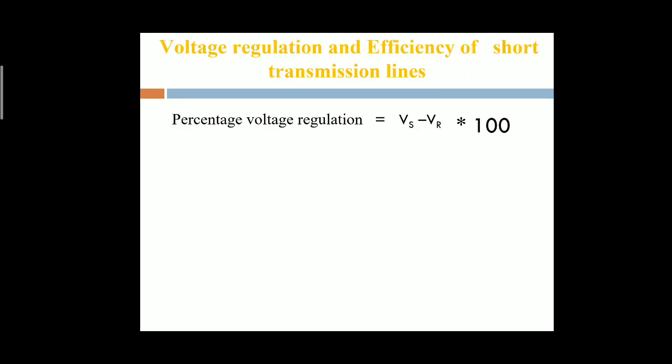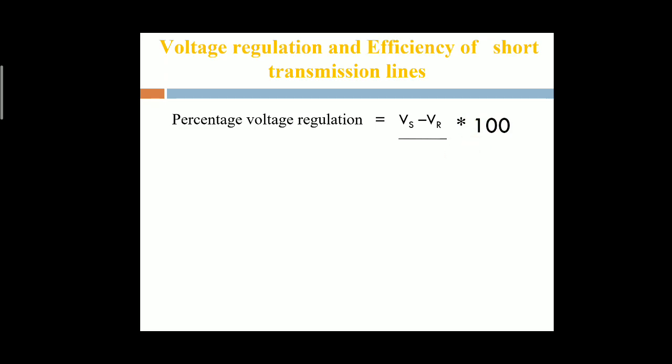Okay, next, the percentage voltage regulation. We already know the percentage voltage regulation formula. That is Vs minus VR by VR, where Vs is the sending end voltage and VR is the receiving end voltage. In terms of percentage, we multiply by 100.